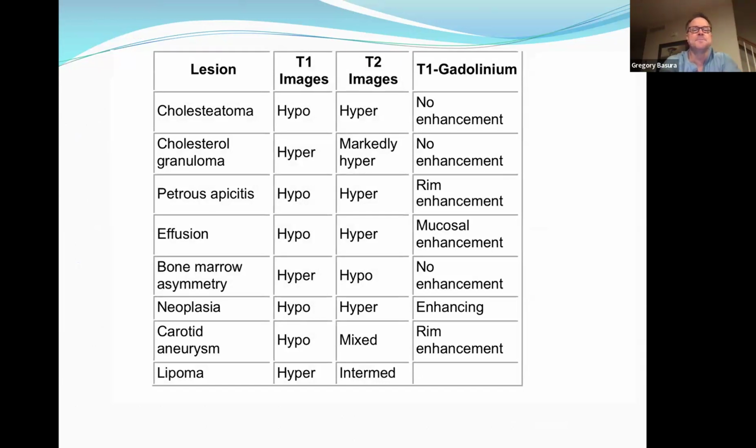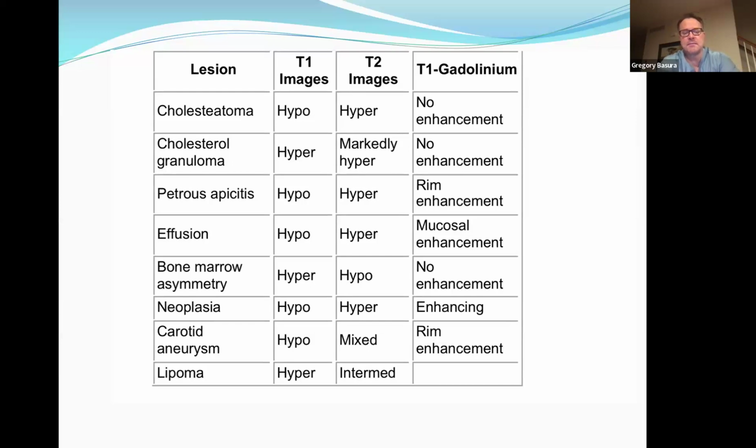So this is not an inclusive list, certainly, but it highlights the importance, and the point that I want to make is sitting down with something like this and going through all of your MRIs and your CTs and looking closely at how some of this common pathology will present on T1 and T2. Okay.